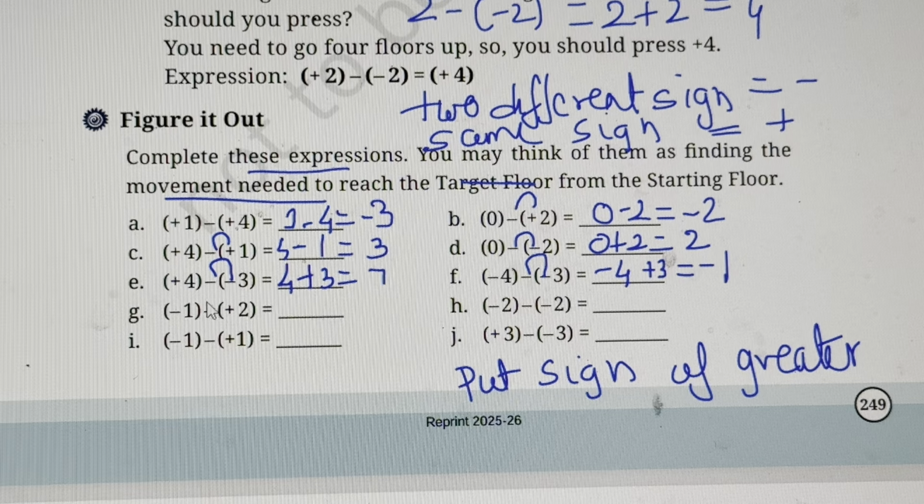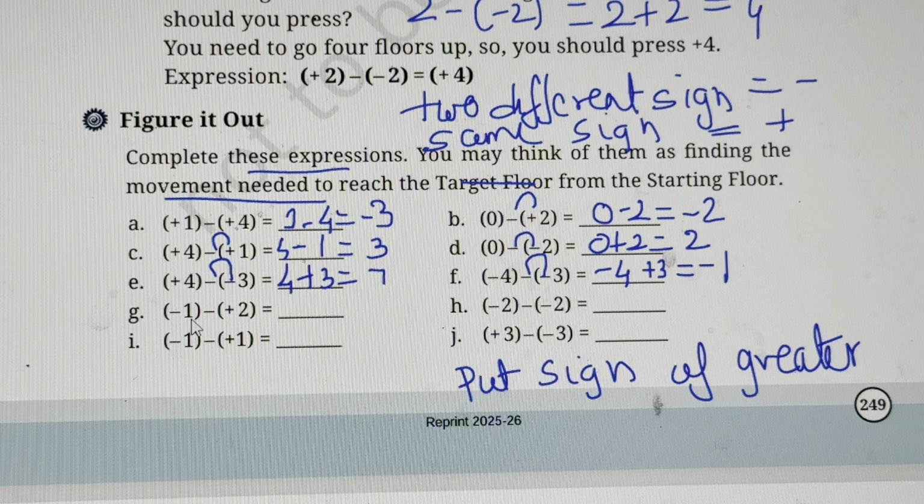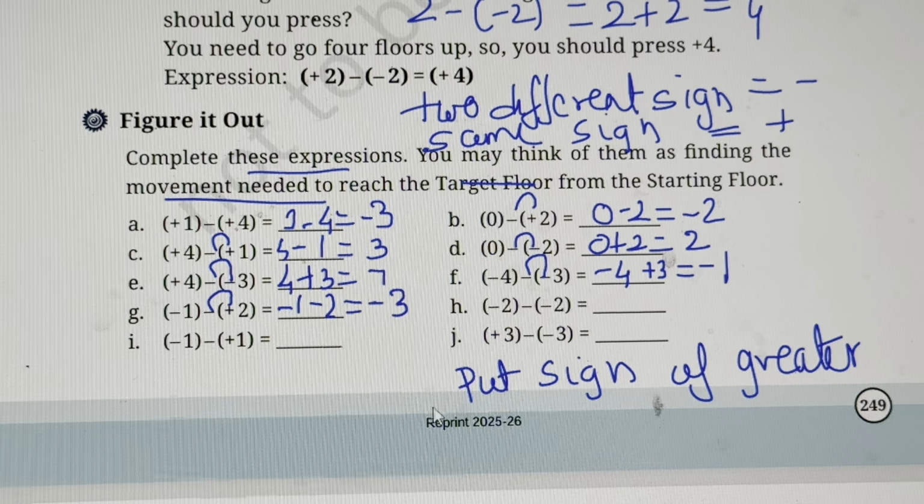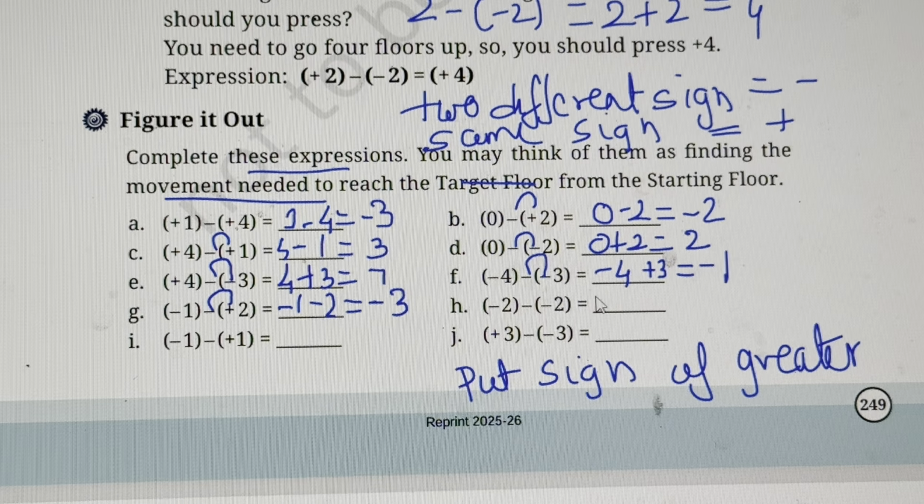Now, minus 1 and this is minus and plus. If there are two signs, always make it 1. So this becomes minus 2. Now minus 1 minus 2 means same sign means addition. So we add 1 plus 2, 3. But put the sign of greater number. So the answer would be minus 3.